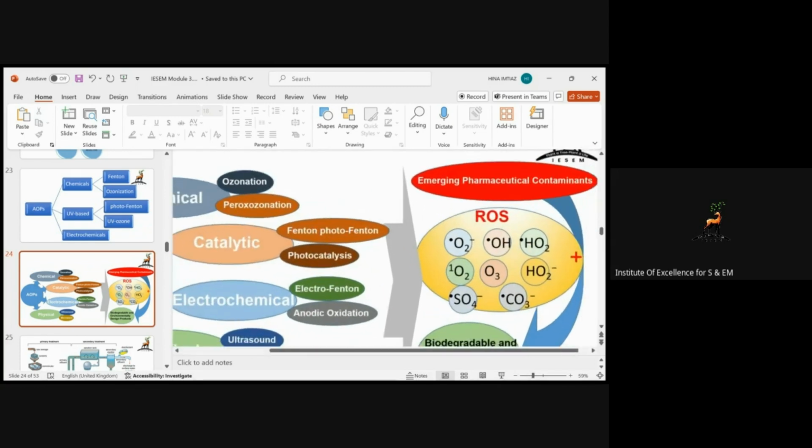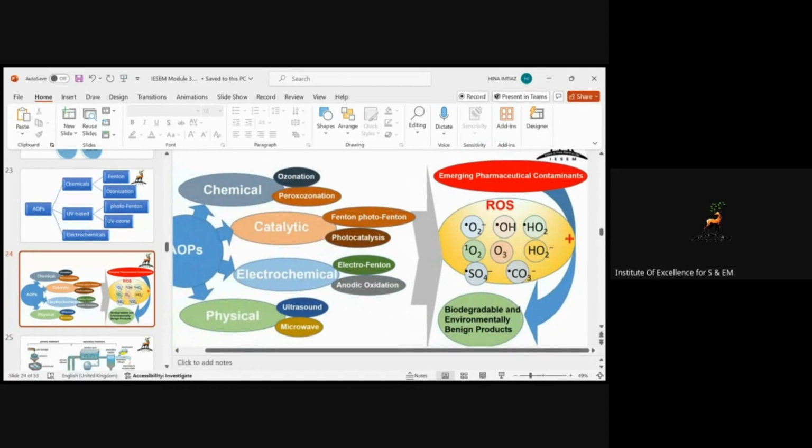In this slide, you can see emerging pharmaceutical contaminants. So, for example, you are an environmental engineer, and you have to treat the wastewater generated by a pharmaceutical industry. The reactive oxygen species include oxidation and hydroxyl radicals.